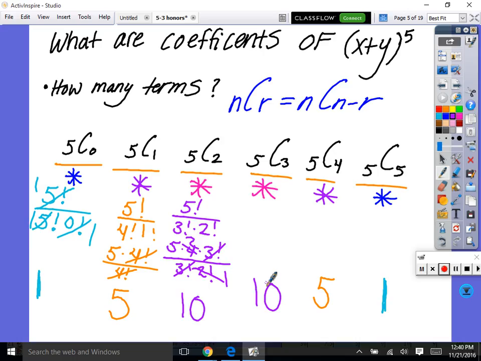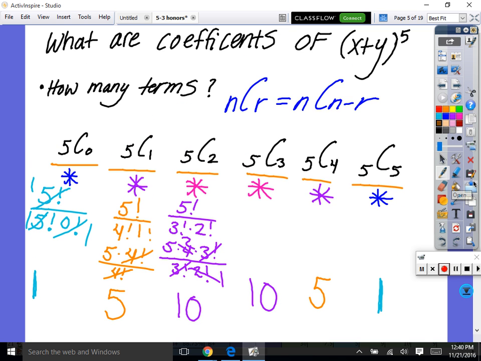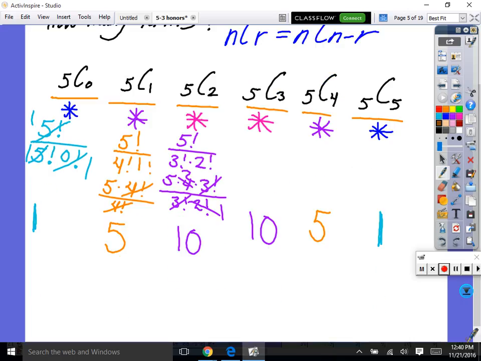Now, just for kicks and giggles, let's put in the x and the y. This part's easy. The degrees of x count down. Remember the pattern? And the other one will count up. So we'll start with the highest degree, which is 5.